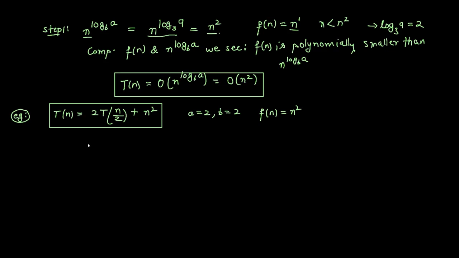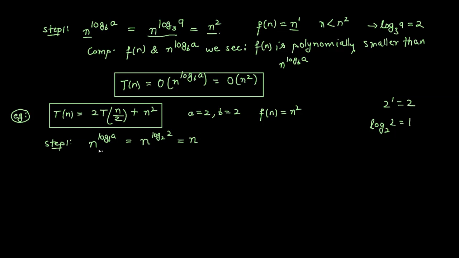So now what we are going to do is follow step 1, which is a very simple step. You will just have to calculate n raised to log base b of a. So it will give us n raised to log base 2 of 2, which is basically 1. So it will be equal to n. Log base 2 of 2 gives us 1, because 2 raised to the power 1 is equal to 2.